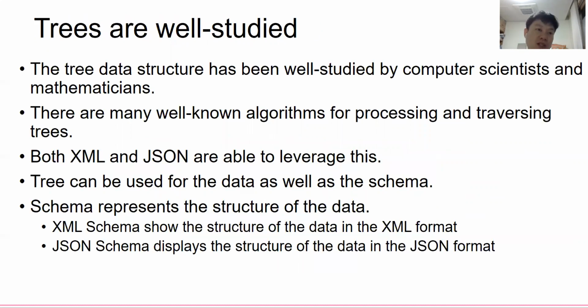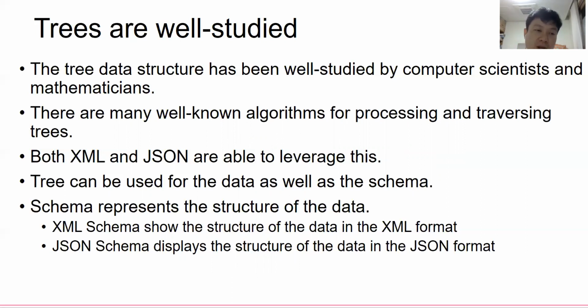Trees are well studied, because the tree is one of the data structures widely used by computer scientists. And there are many well-known algorithms for processing and traversing trees. So XML and JSON are able to leverage the trees, and you can also use trees for the schema.